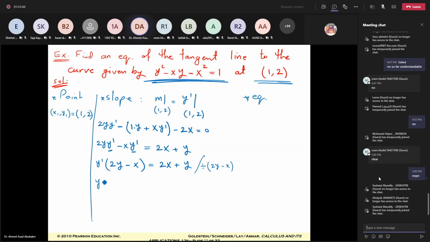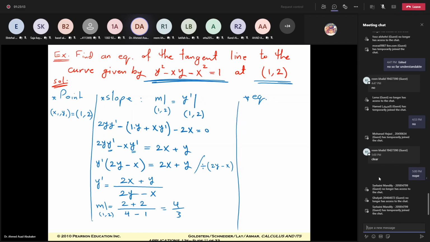We have y′ equals (2x plus y) over (2y minus x). So the slope at the point (1, 2) equals (2 times 1 plus 2) over (2 times 2 minus 1). So we have 4 over 3.